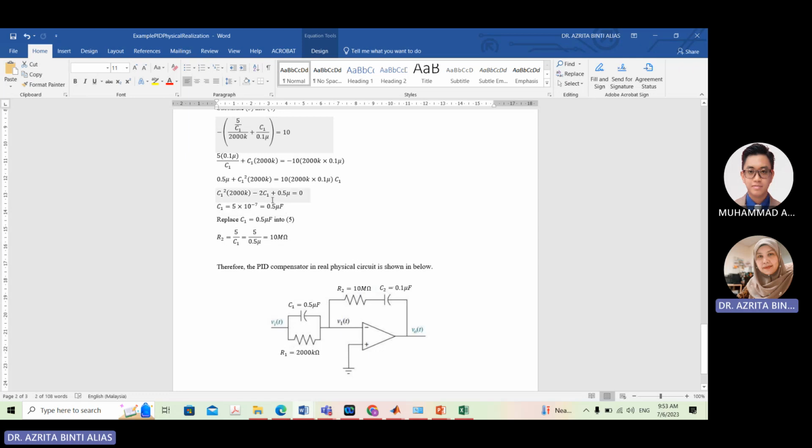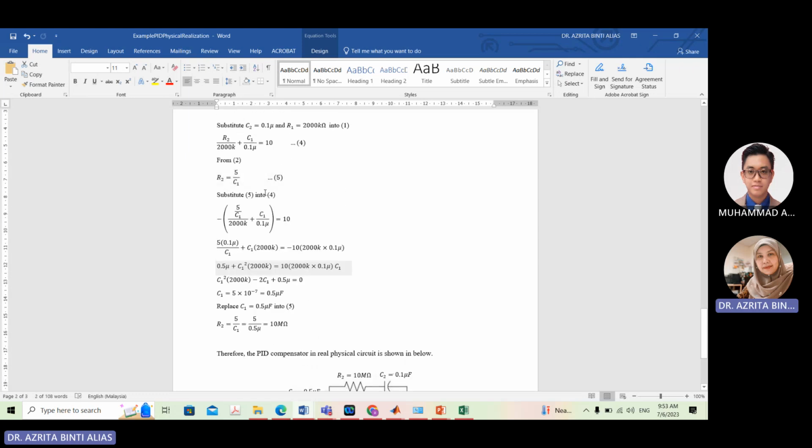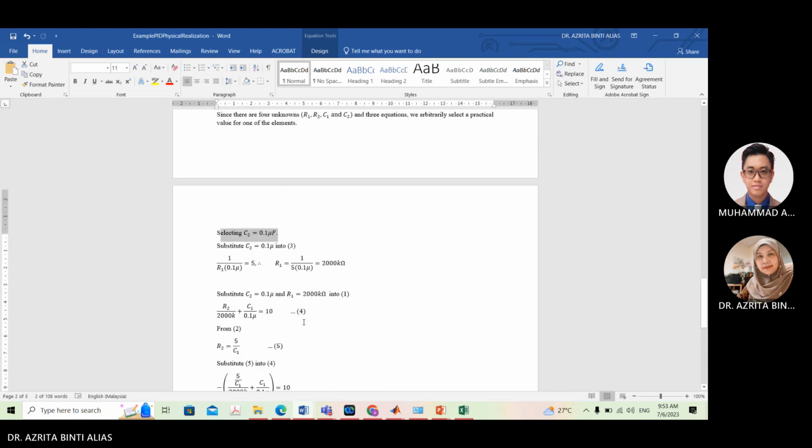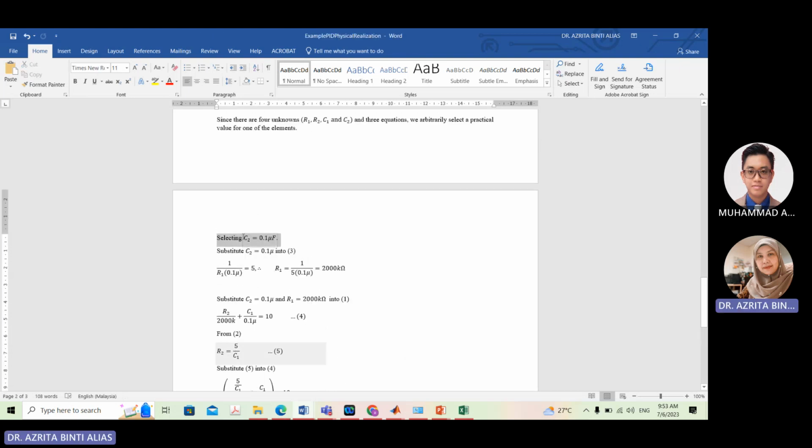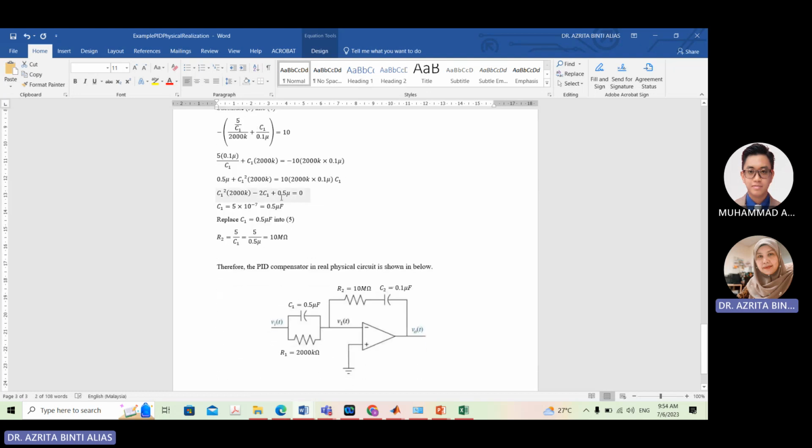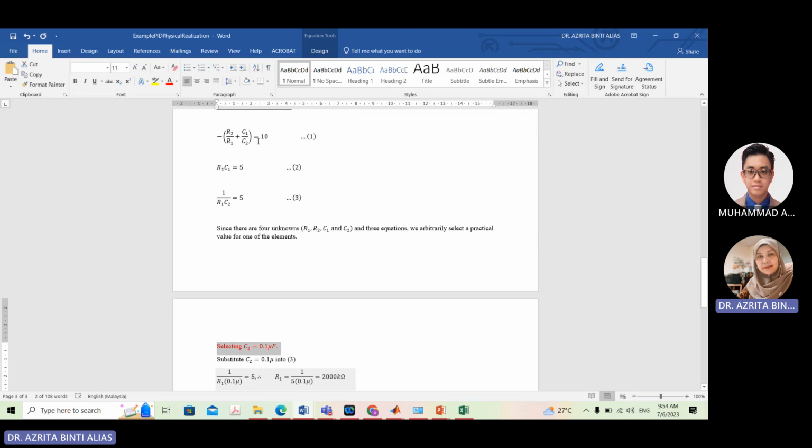Kita boleh dapat dah. So you boleh go through this example. After that you will obtain the values of C1, R1, and R2. For the C2 we select dah. Yang ni kita select. So the other values we need to calculate based on the equations.